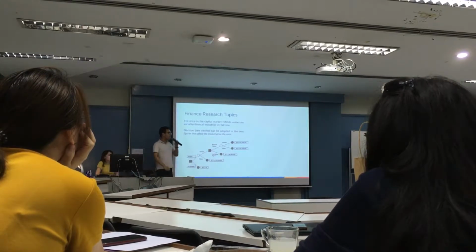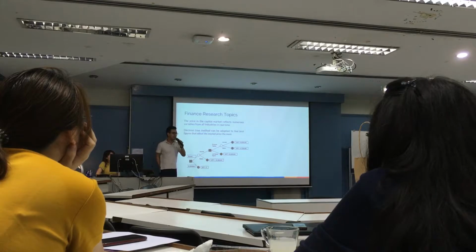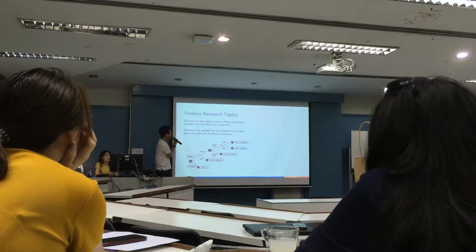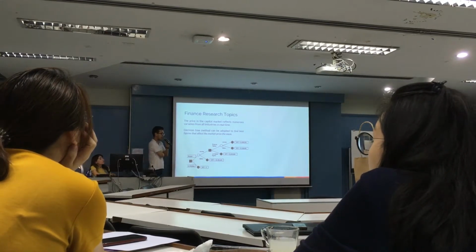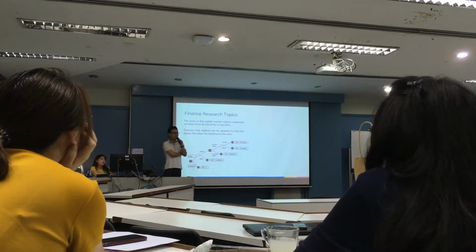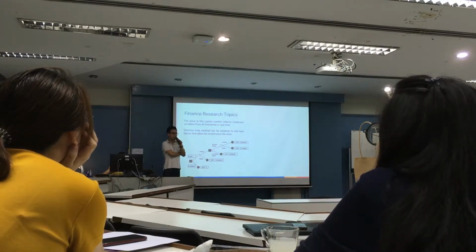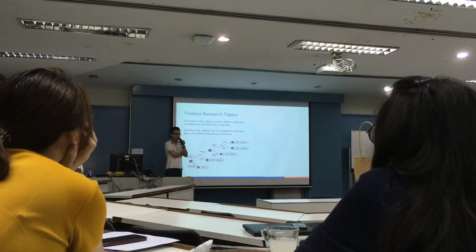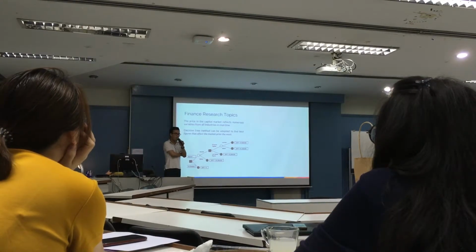Finance is also very interesting. It's very interesting to use these concepts in financial topics. For example, the capital market is very complicated in that the price in the market is affected by so many variables from all of the market, all of the industries.